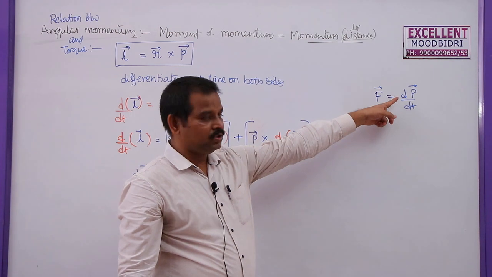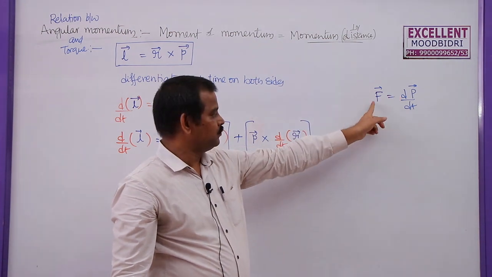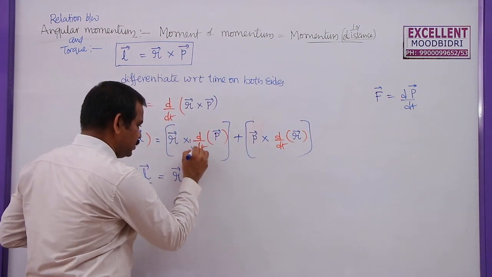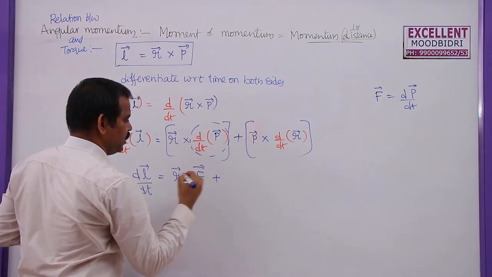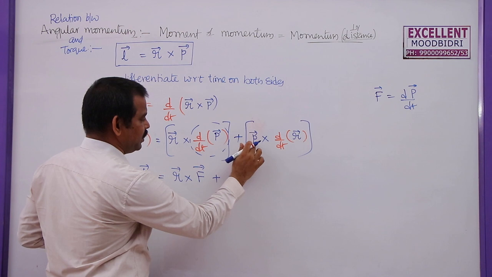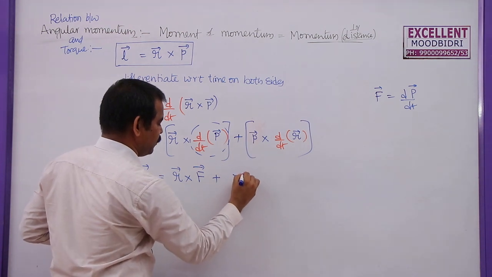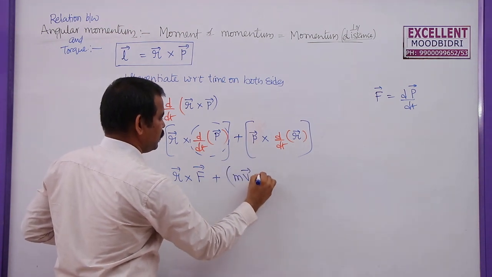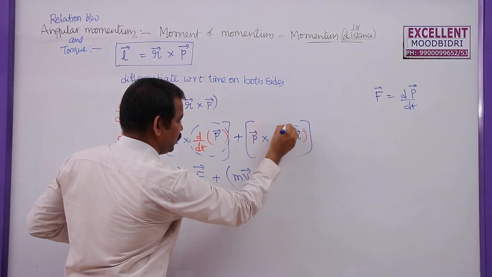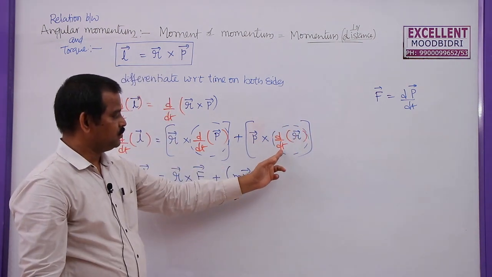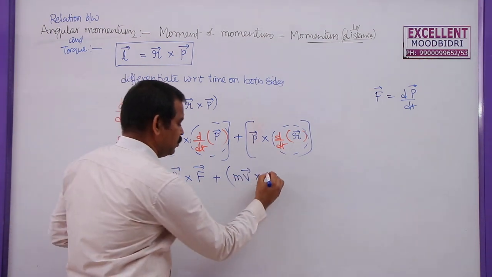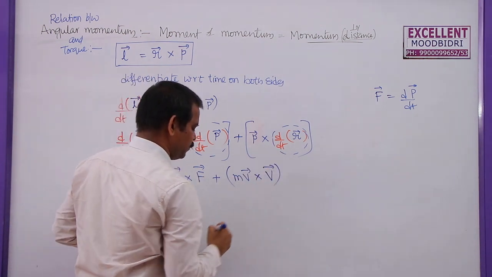The rate of change in linear momentum of a particle is known as force. So, in place of dp by dt, we can write F bar here, plus the momentum of this particle, mv bar, into the rate of change of position of this particle. Position of this particle with respect to time is called velocity. So, once again we have v bar.